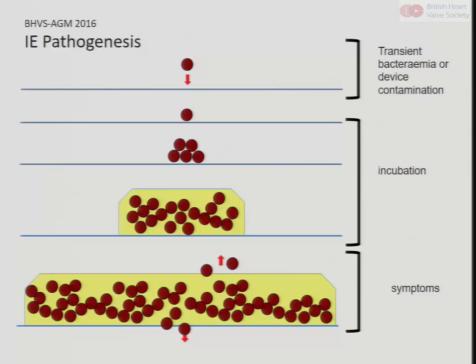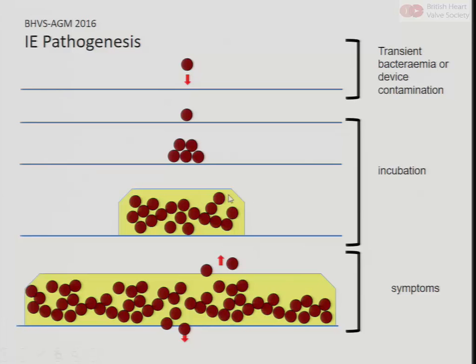That device might be contaminated, so instead of being in the bloodstream, the bug perhaps drops from a contaminated skin squame in the operating theatre onto the surface, which it then adheres to, multiplies, and secretes all sorts of goo and substances that protect it from the host immune system, and at this point there's probably no symptoms in the patient.